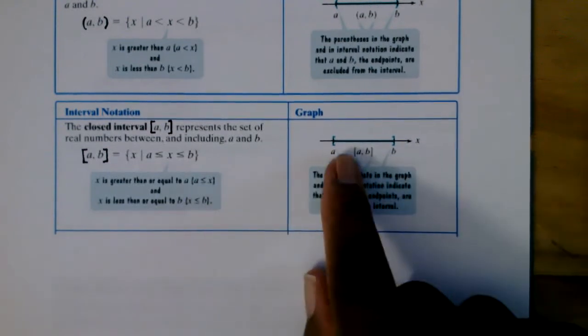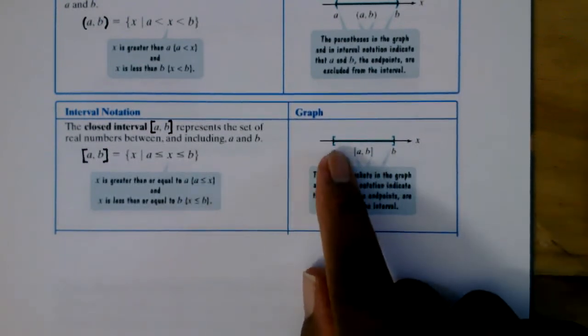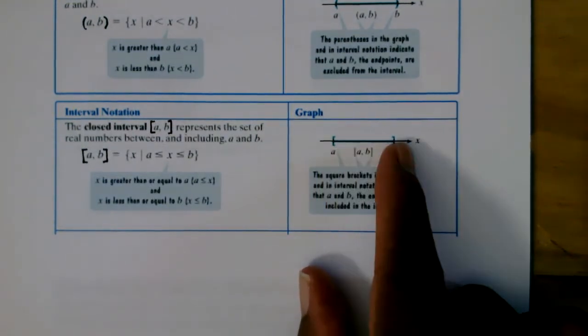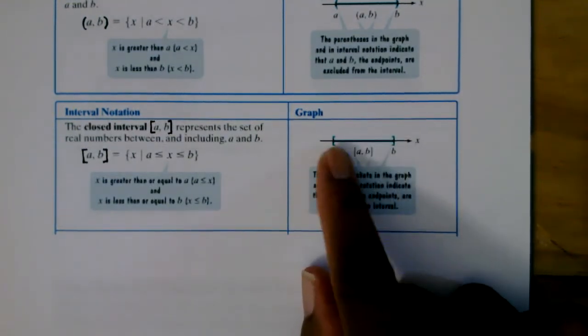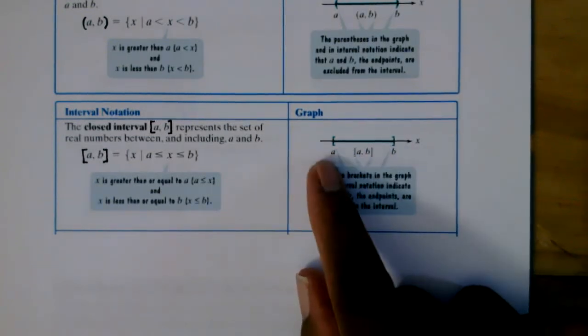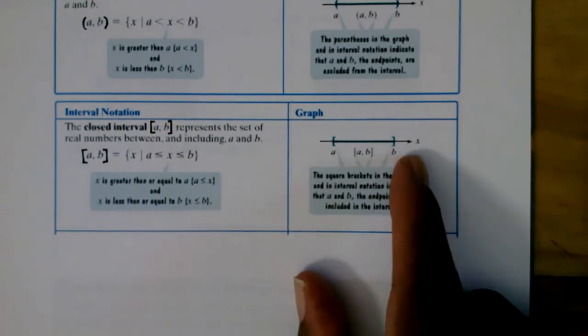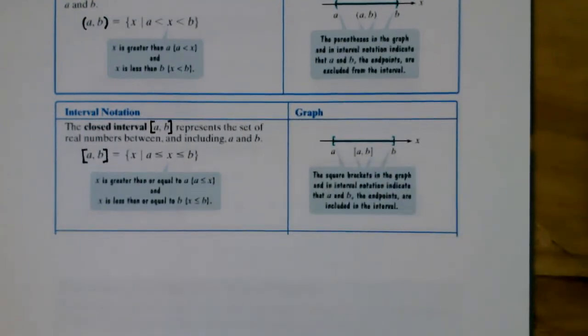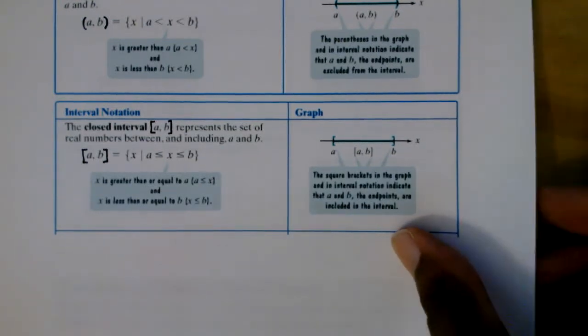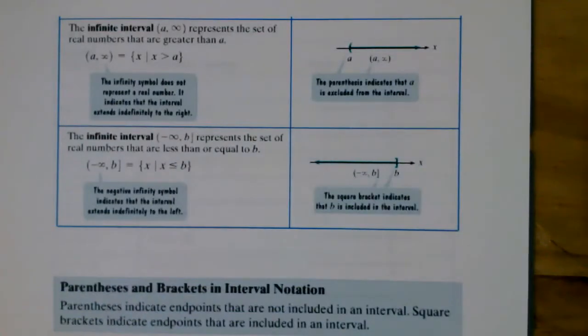Okay. The graph looks like this, where you see brackets at A and B, and we have the interval shaded in between to indicate that the values of x are between A and B, and we do include A and B. All right, next we have the infinite interval.